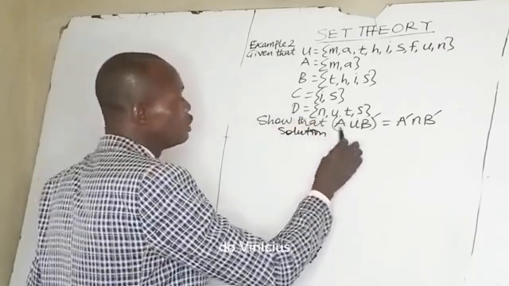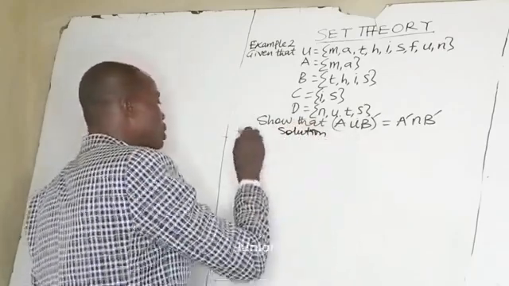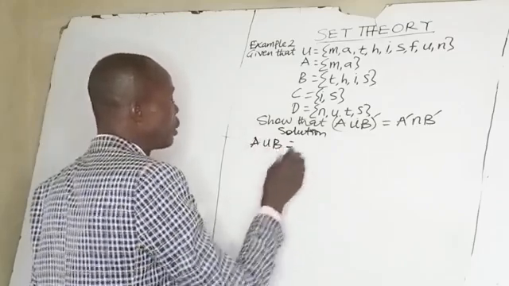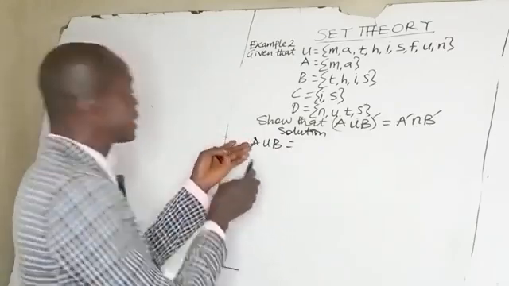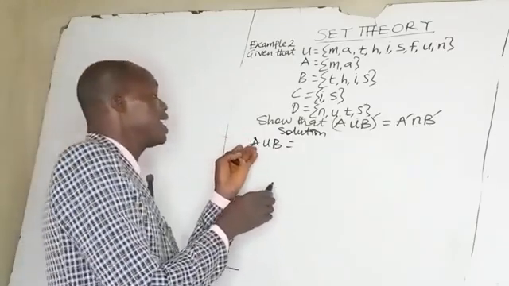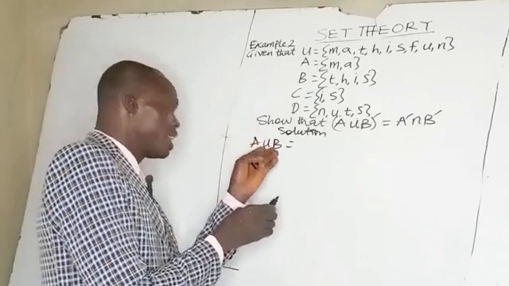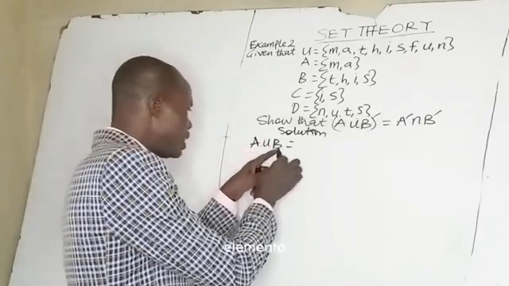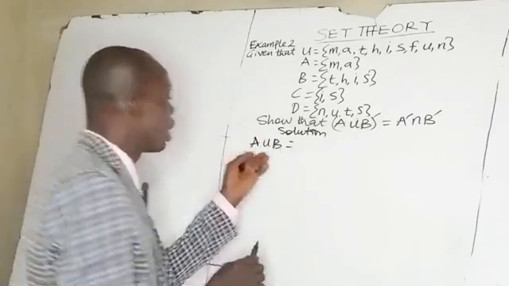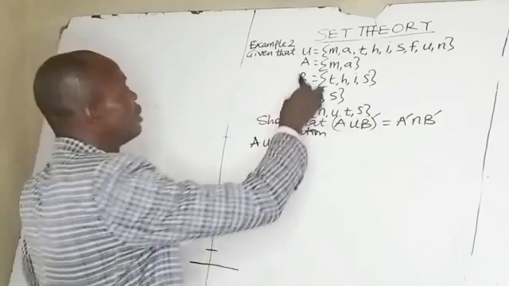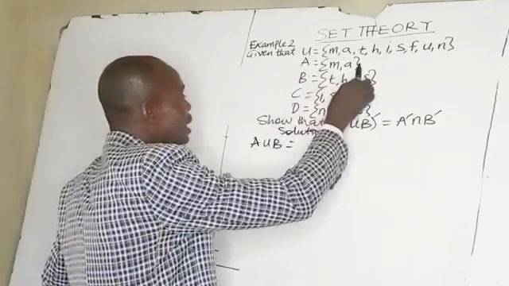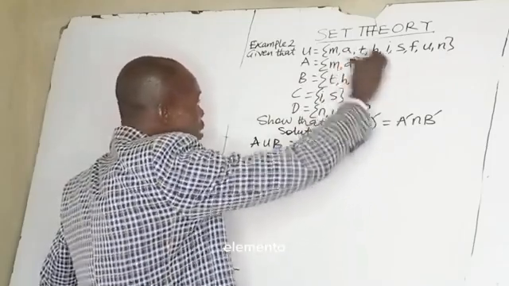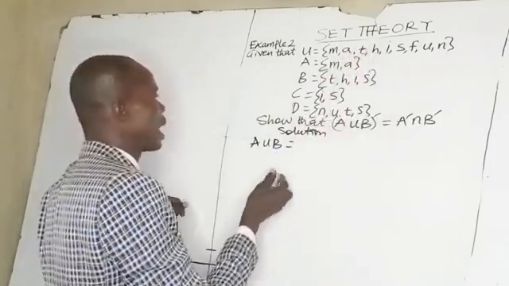You will need the union of set A and B, so all elements that are contained in set A or B or both. Elements in set A or set B or both are said to be the union of the two sets. Now, these are the elements in set A and these are the elements in set B. So elements in both, all together, are the union of the two sets.